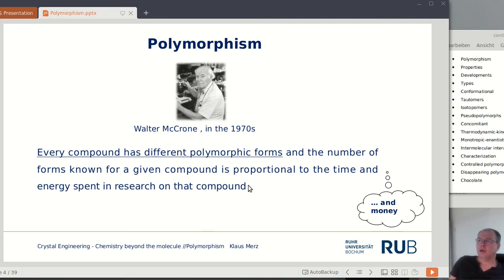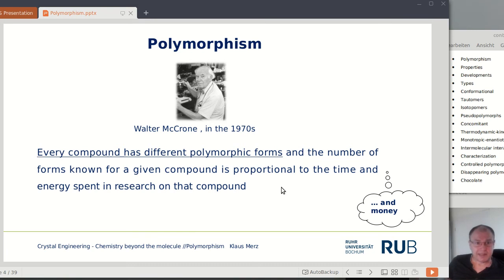And well, I would say this sentence is really true. I would not say all compounds, but a lot of compounds have polymorphic behavior, and when you work very carefully and think about experiments and crystallization pathways and so on, it could be possible to find new polymorphs of a lot of compounds.